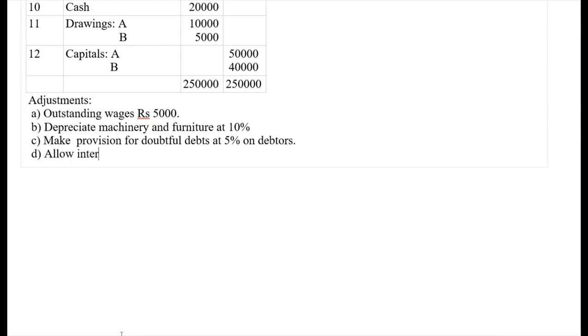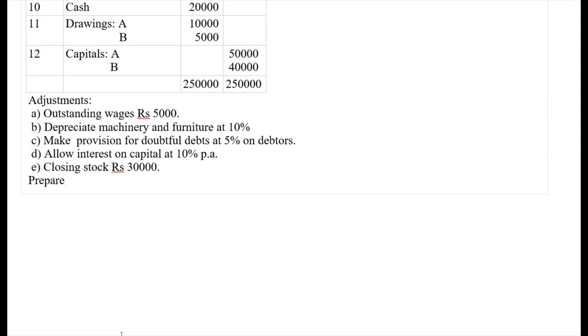allow interest on capital at 10% per annum, closing stock rupees 30,000.